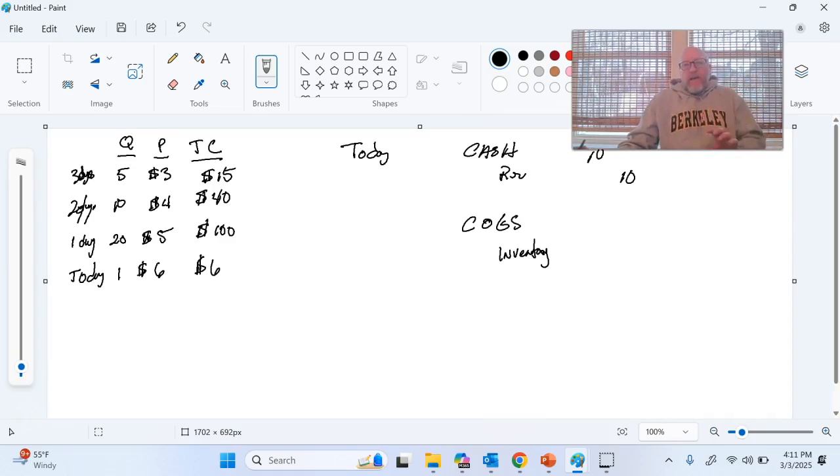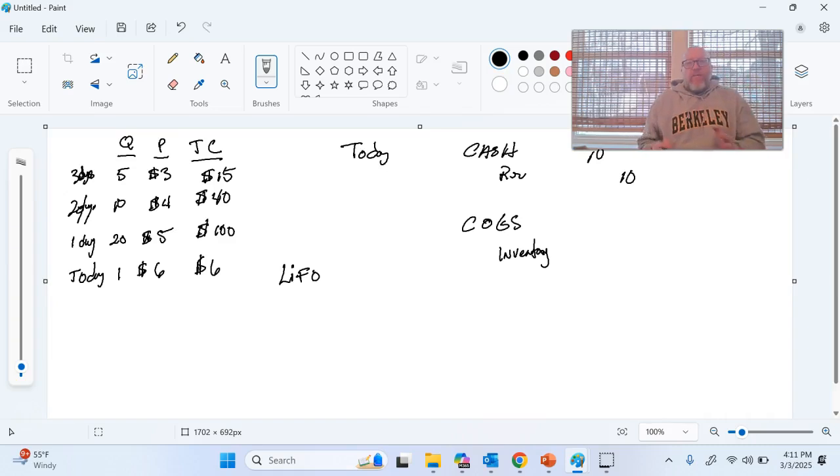And so instead of using a specific cost, what I'm going to do is assign a cost to the avocado based on one of 3 methodologies. I will go with LIFO.